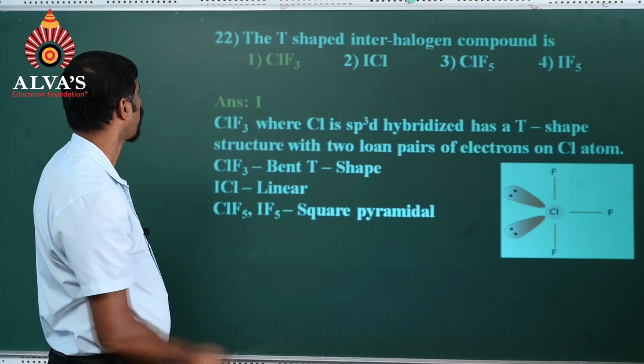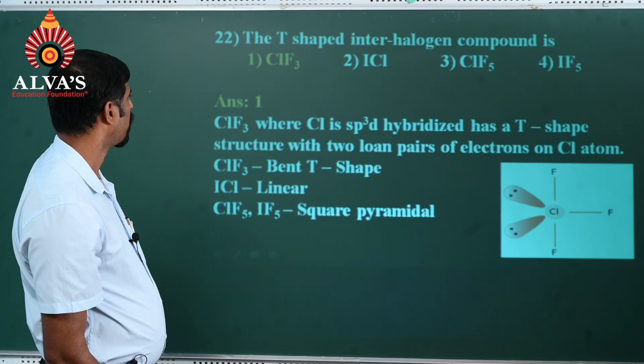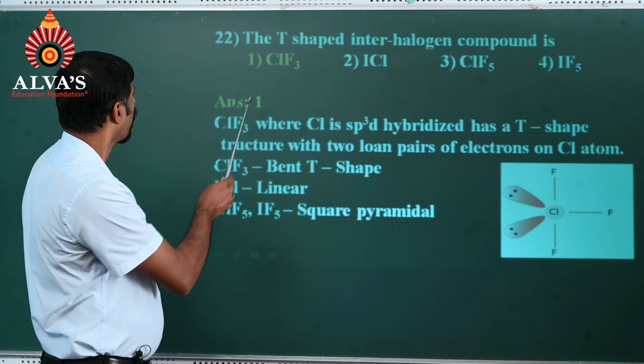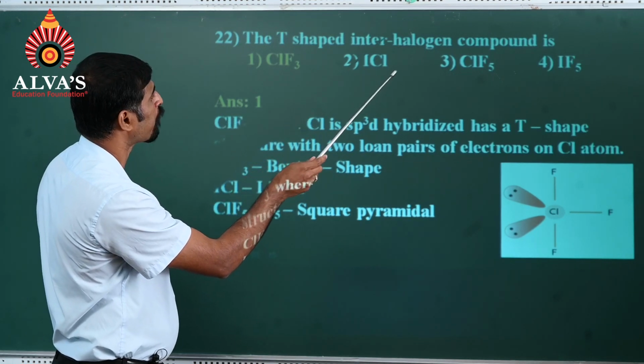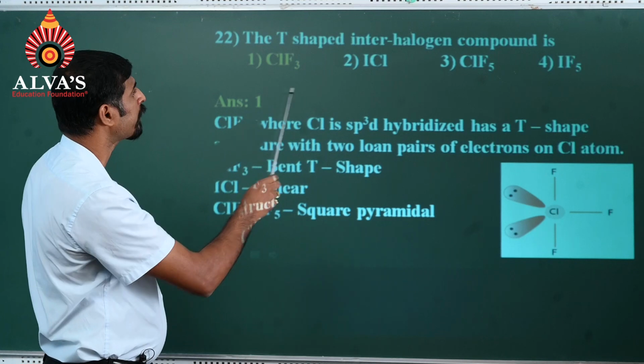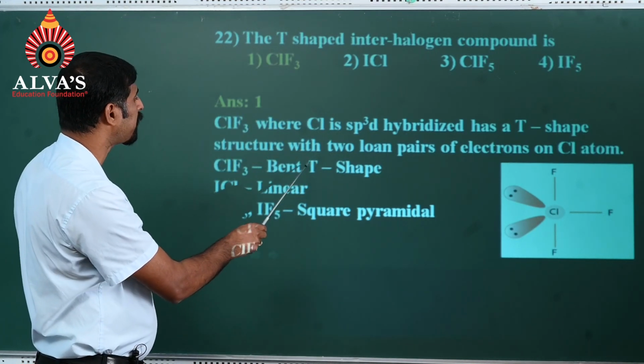Next, we'll move on to question number 22. The T-shaped interhalogen compound is. Now, if you observe the options ClF3, ICl, ClF5, IF5, all these are interhalogen compounds. In that, ClF3 is bent T shape.